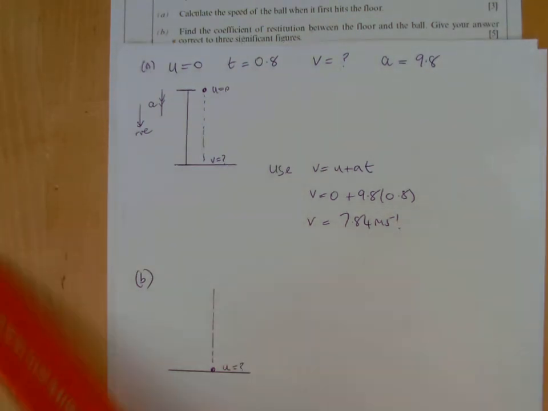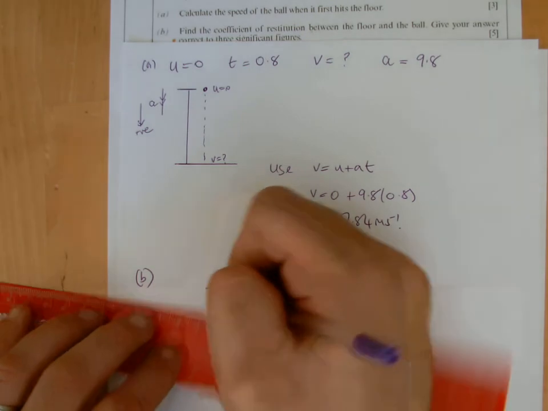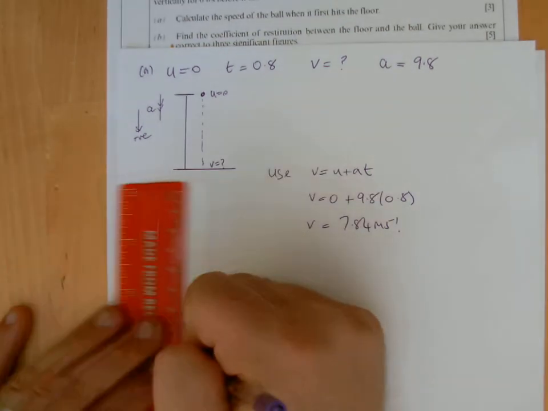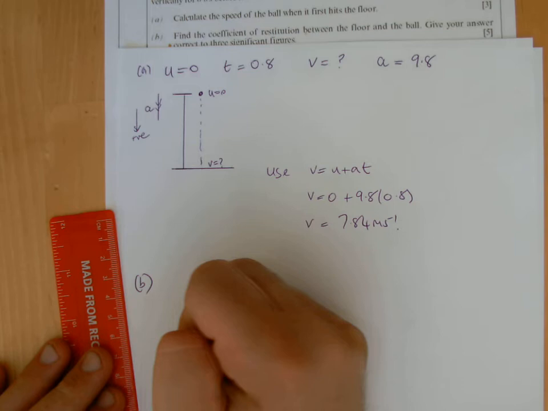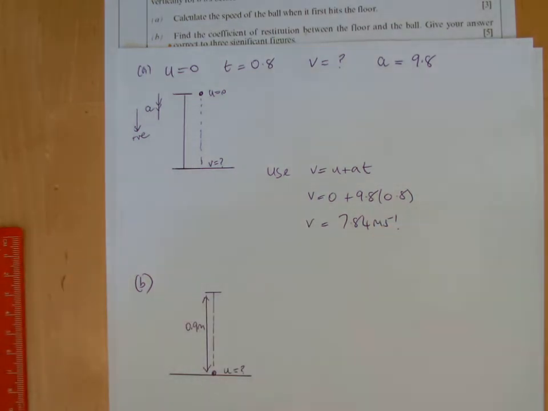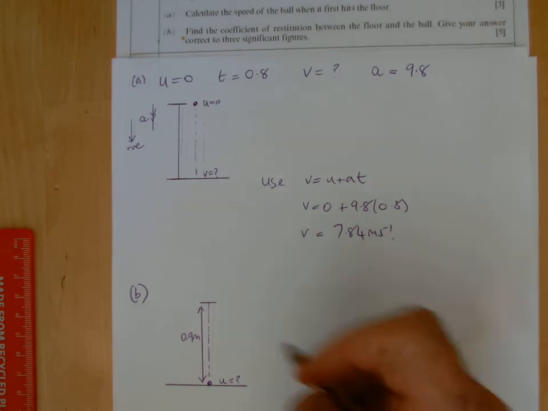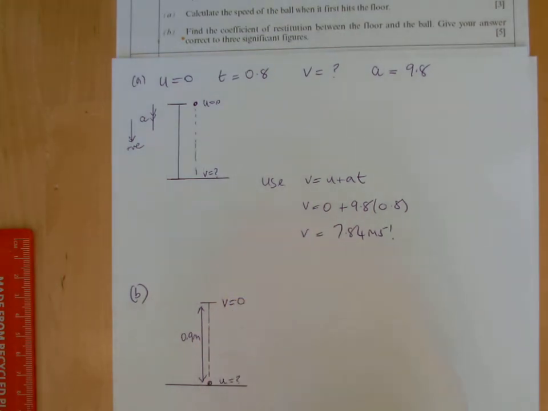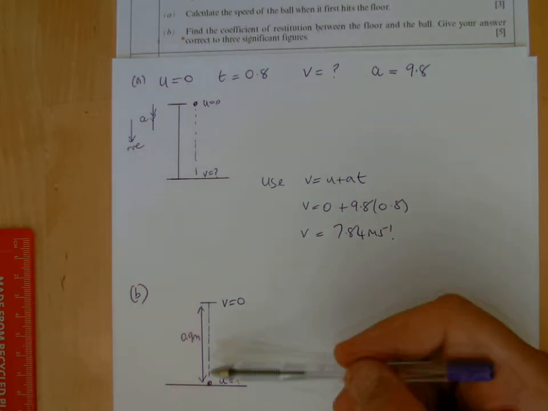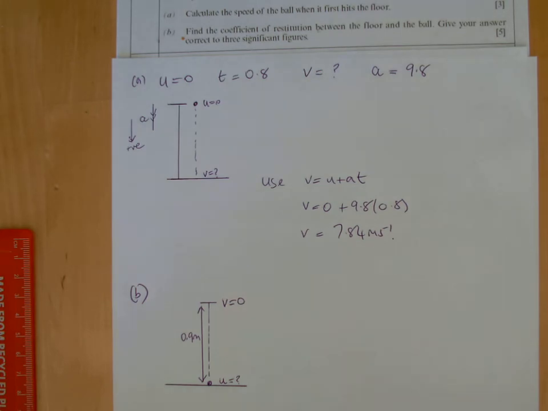But what I do know is, it rises to 0.9 meters. It rises to a height of 0.9 meters till it comes to a stop. So we know the final velocity is 0 when it comes to a stop at 0.9 meters, because that's the furthest it can go.